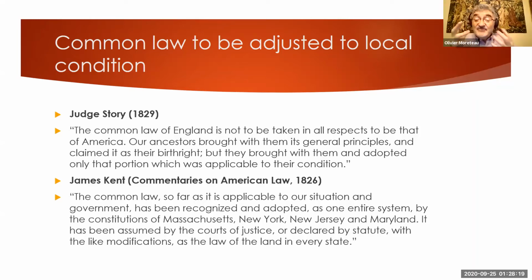Now, is that true? It actually quite differs from what we know of the law in the colonies prior to independence. It is quite remarkable that the common law has been largely rejected as long as the colonies were under English control, and once they gain independence, they are here claiming that the common law is applicable.